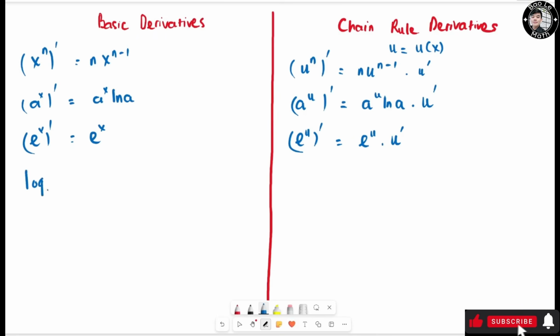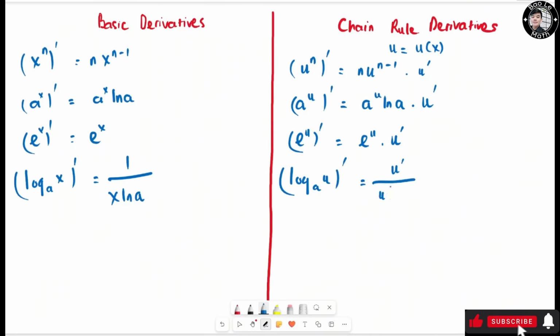The derivative of log base a of s is going to be 1 over s times ln a. The derivative of log base a of u is going to be u prime over u ln a. The derivative of ln s is going to be 1 over s. You have the derivative of ln u is going to be u prime over u.